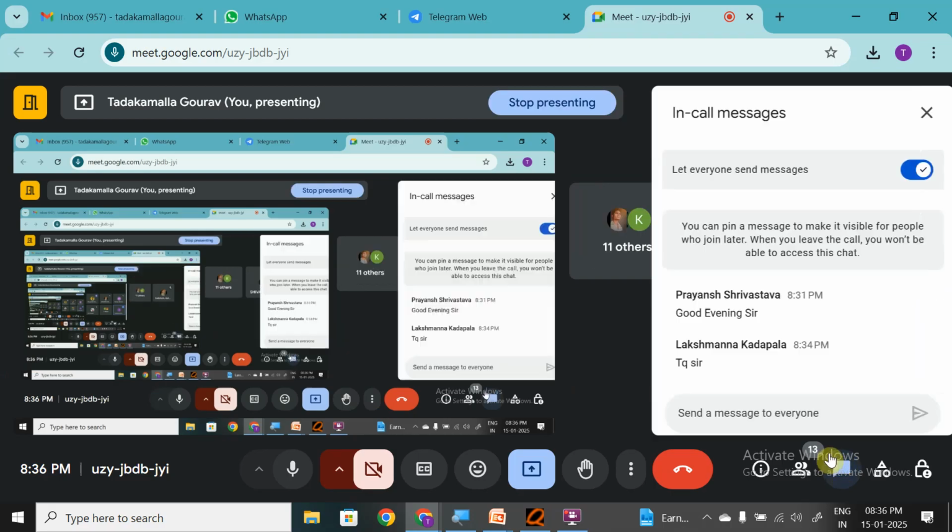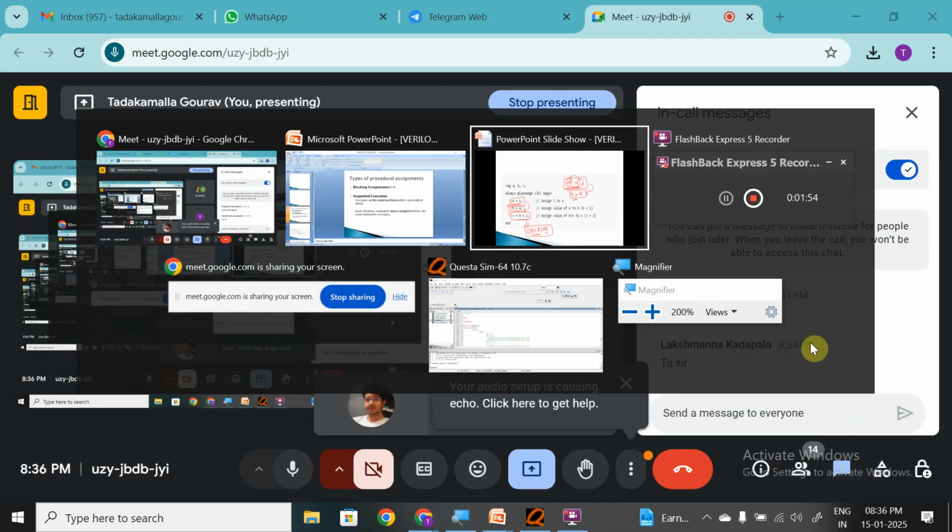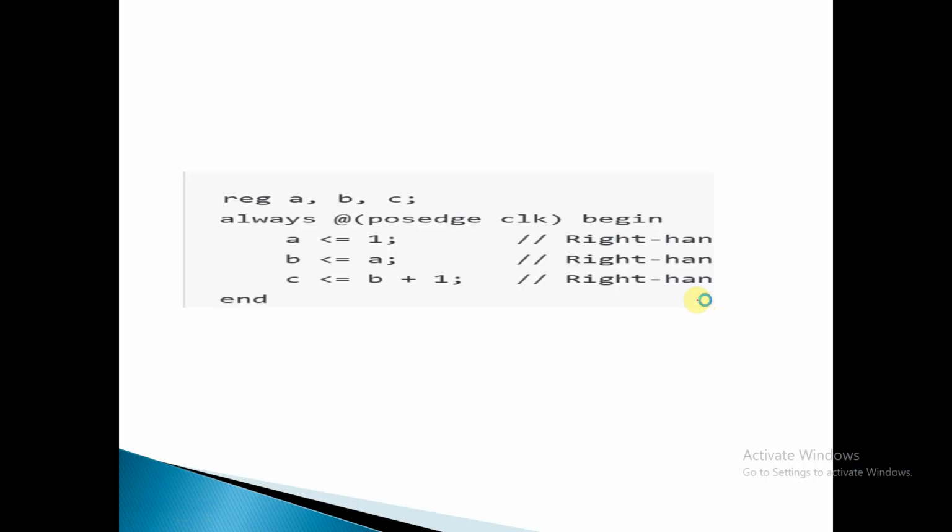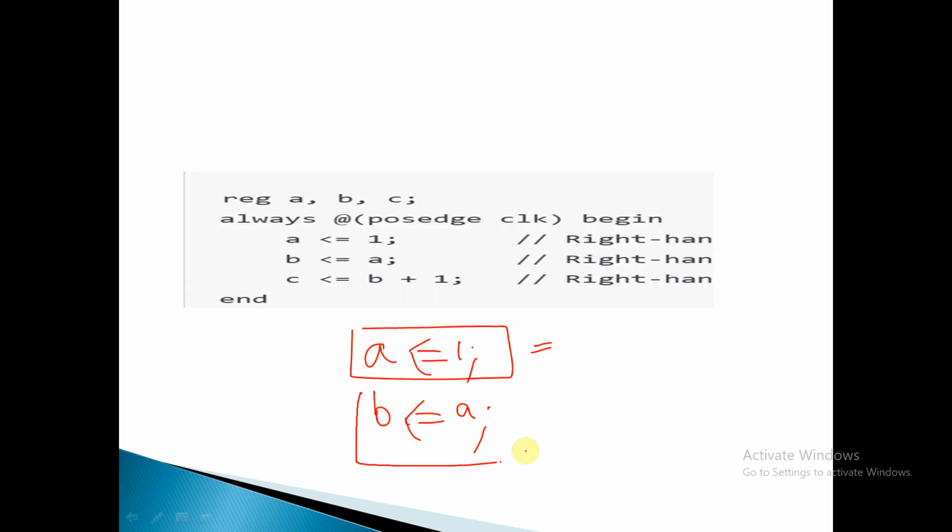Yes, sir. Now coming to concurrent assignments or non-blocking assignments, they are not going to wait for the completion of execution. That is, if we have written a non-blocking of 1 and b non-blocking of a, then even if the first assignment is not completed, the compiler is going to execute the second assignment.